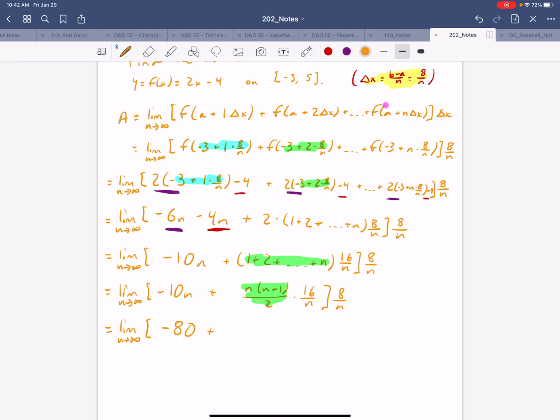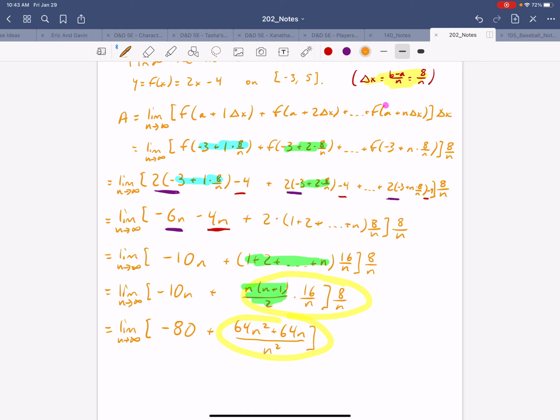So it's really 64. So we're going to get 64n squared plus 64n all over n squared. A lot of simplification here. Just to be clear, all of this became this.